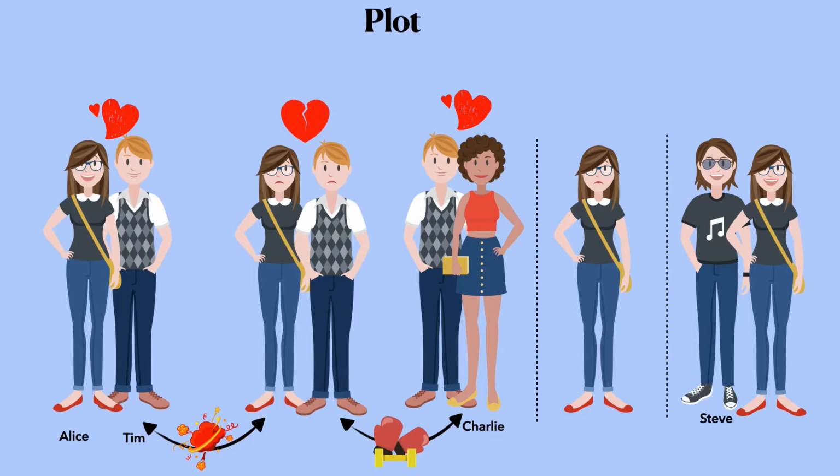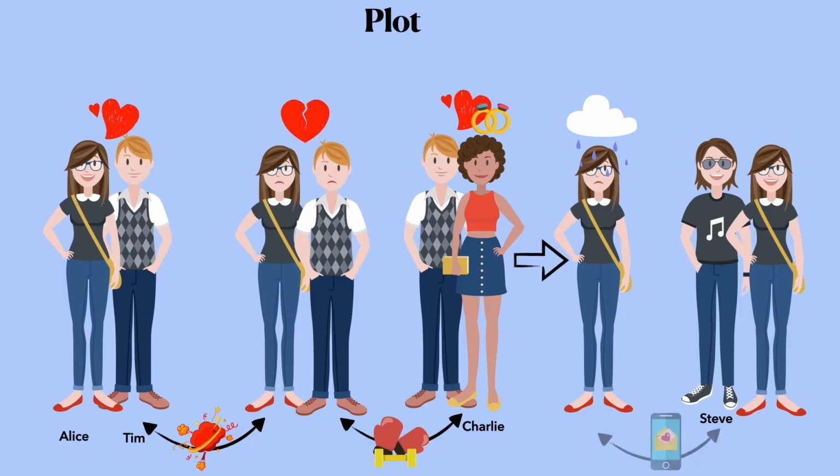That's why Tim and Alice broke up, and 2 years later, Tim and Charlie married. But Alice was alone and very sad. And since she didn't want to live like that forever, she started to use a dating app. That's how she met Steve, and they fell in love, and eventually they married too.